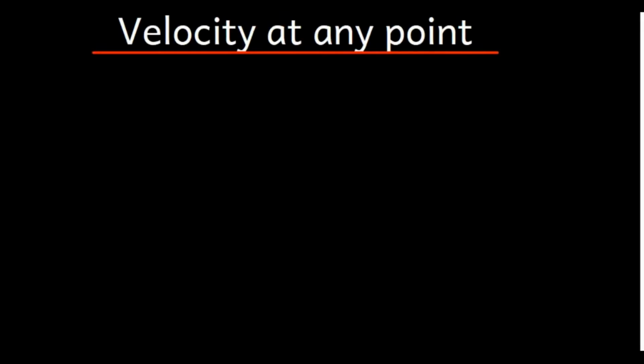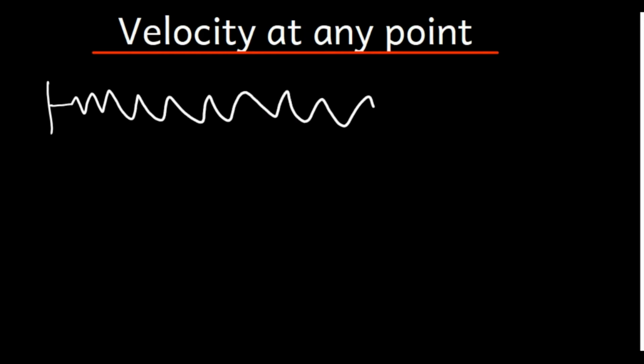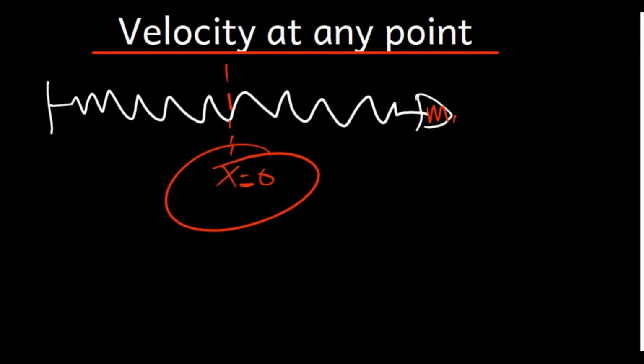So let's say we have the spring. Here is our spring. If this is our equilibrium position, x is going to be equal to 0 at this point. So let's say we are not finding the velocity when x was equal to 0, but we are finding the velocity at any point. It might be this point, or anywhere.